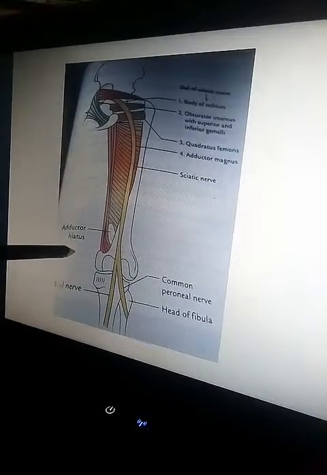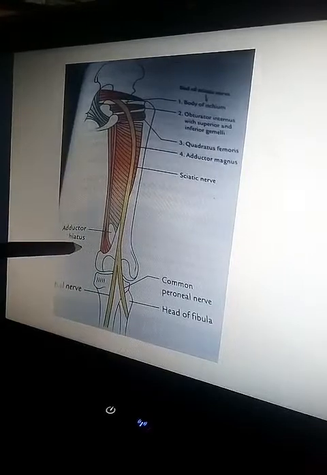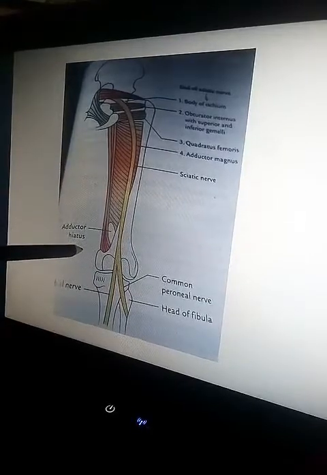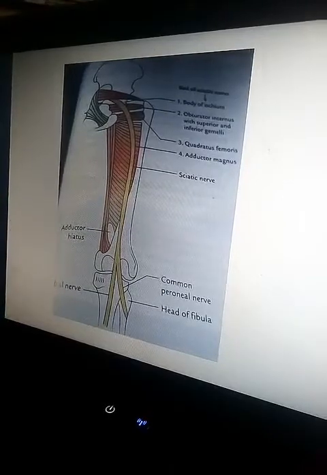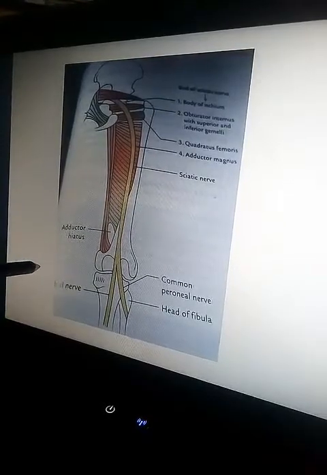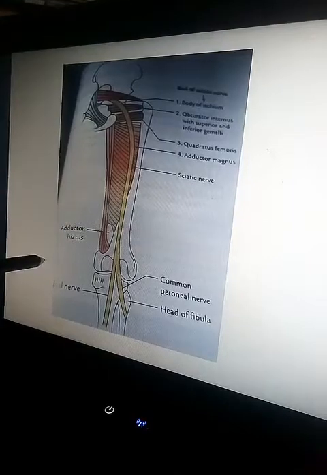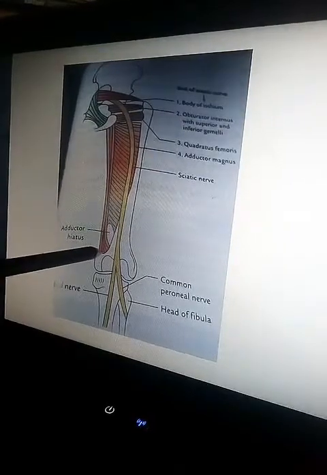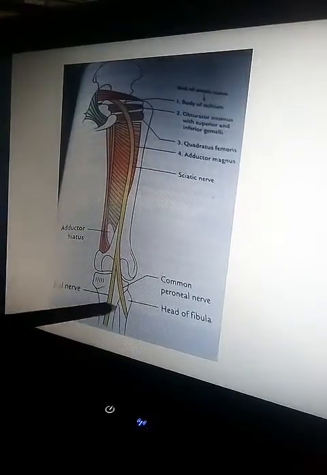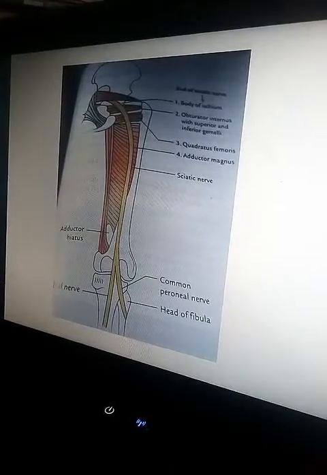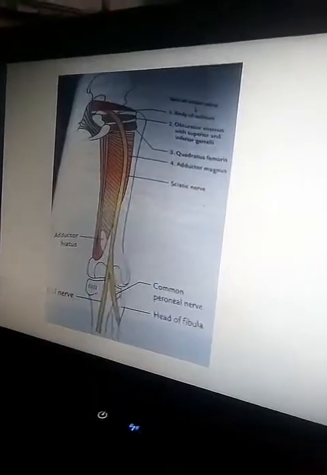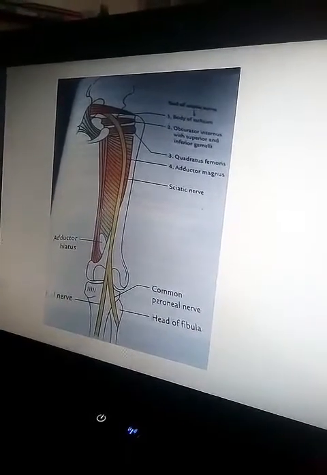The cutaneous branches are the sural communicating nerve, which arises opposite the head of the fibula, and the lateral cutaneous nerve or lateral sural nerve. It arises lower down and pierces the deep fascia to supply the skin on the upper part of the lateral side of the leg. Now, genicular branches are superior lateral genicular, inferior lateral genicular, and recurrent genicular nerves.